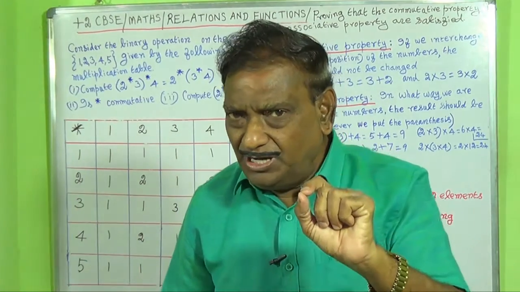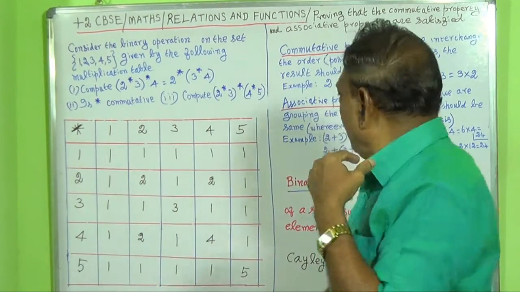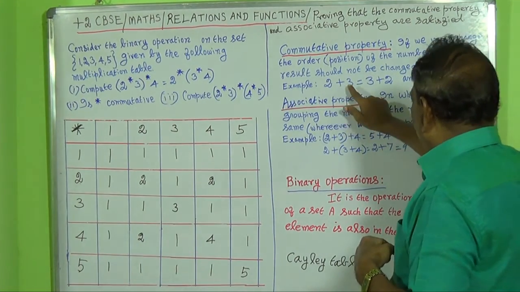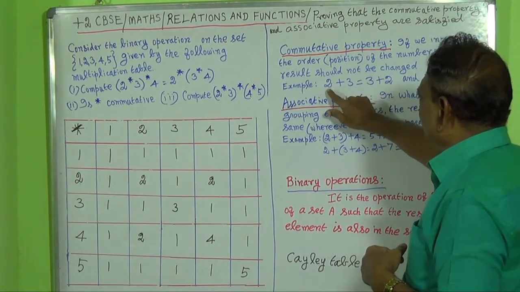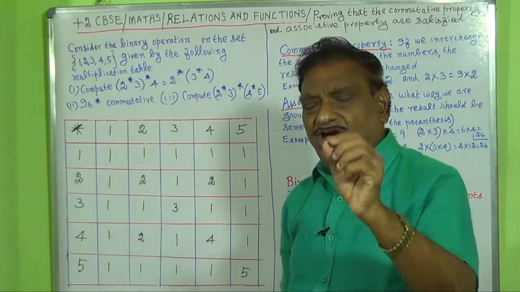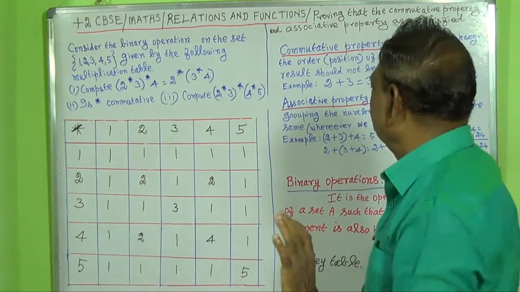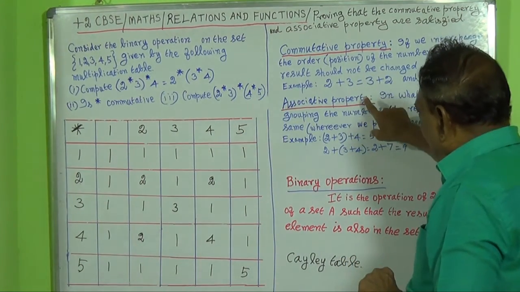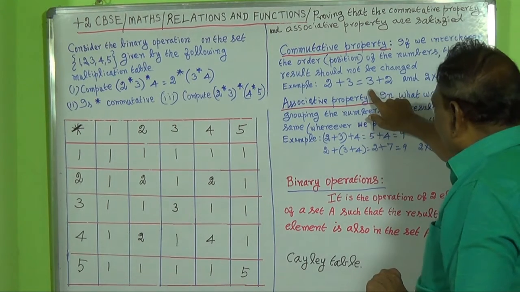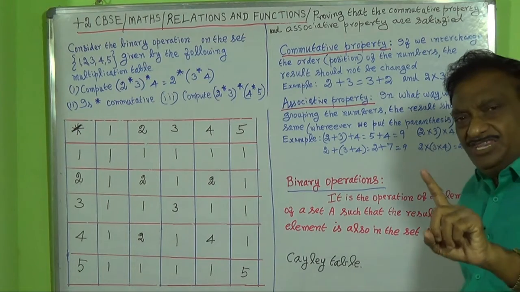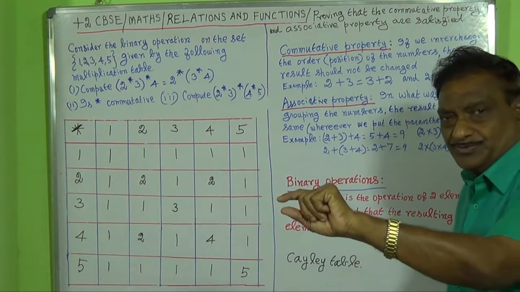For example, if we take the number 2 and add 3 to it, the result is 5. Similarly, if we add 3 and 2, we also get 5.